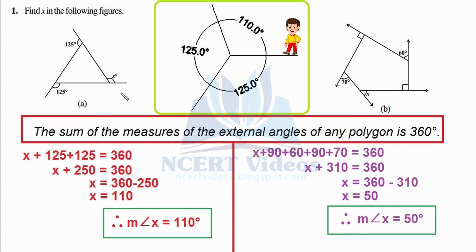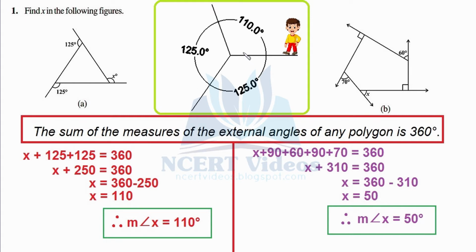So what is actually happening? You are starting from some point, you are rotating a complete 360 degrees, and doing so you reach the same point. Hence, if you consider any polygon, whenever we consider outside angles, and when we add all of them without leaving any of them, we are just rotating a complete circle.